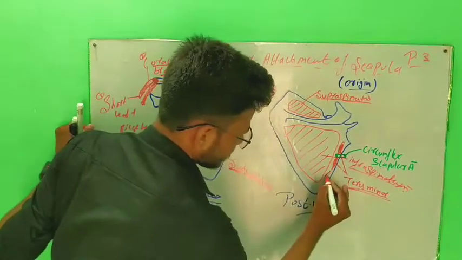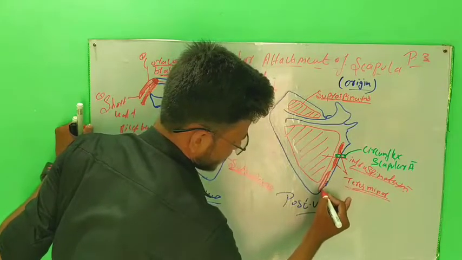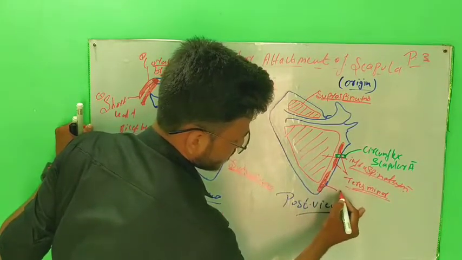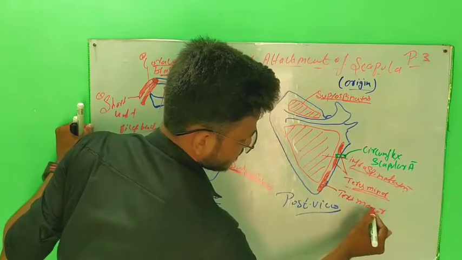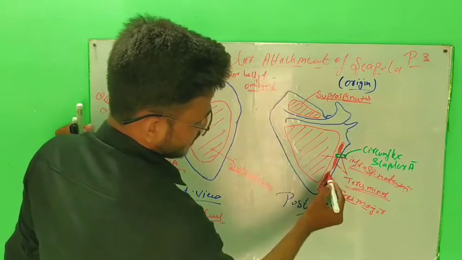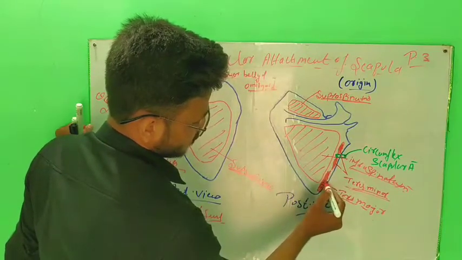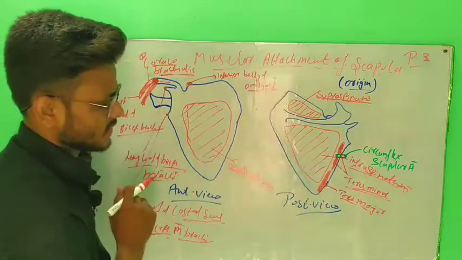And there is also one muscle which is long, major, that's why it is called teres major. Teres major originates from the lower two-thirds of the dorsal surface of the lateral border of the scapula.